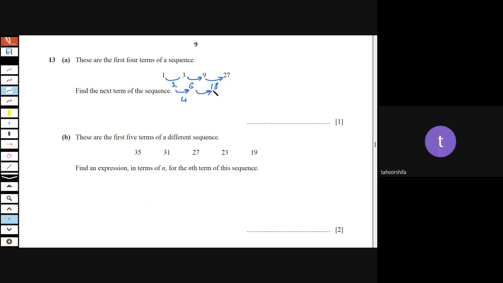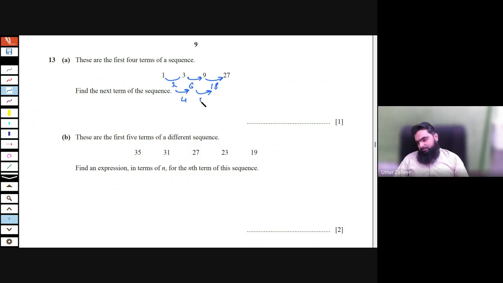This difference is 4. Which type of sequence is it? 1, 3, 9, 27.